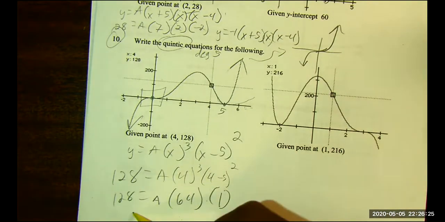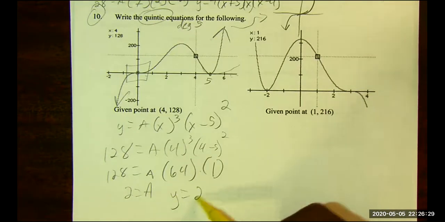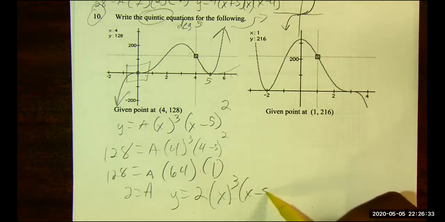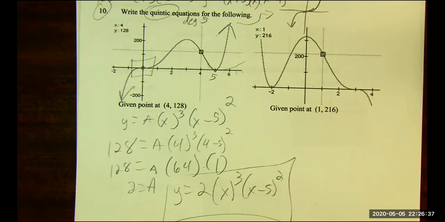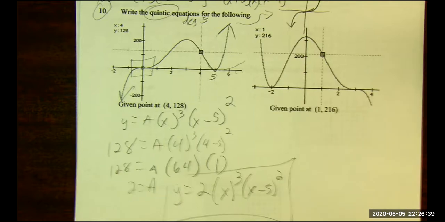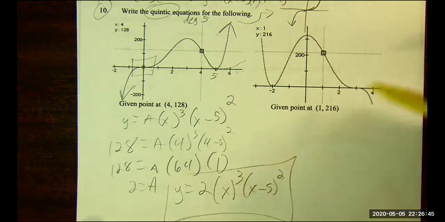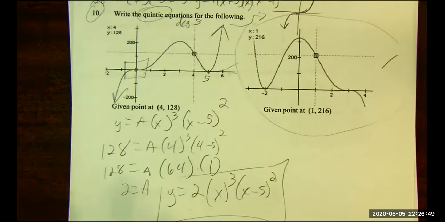So a equals 2. y equals 2 times x cubed, x minus 5 squared. Voila, there you go. Isn't it wonderful? Looking at this, it's almost pretty much the same thing, except it's flipped. So something tells me our a is going to end up being negative for this one. Try this on your own and check your answers. That's all I can say.